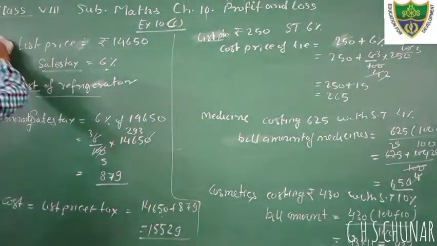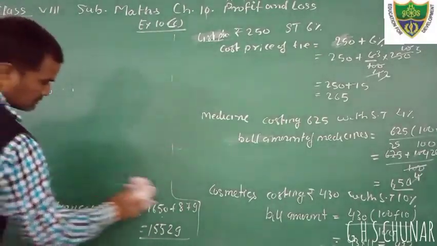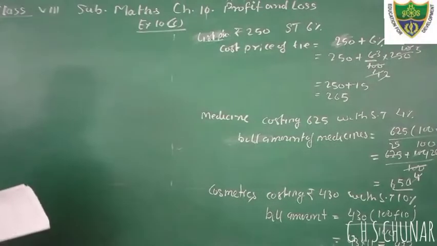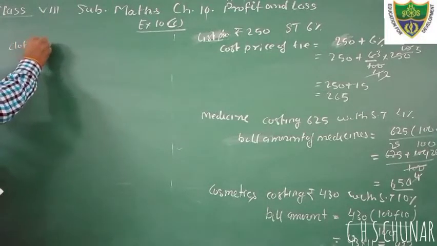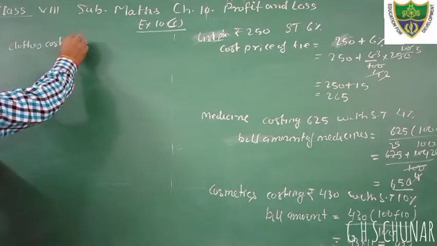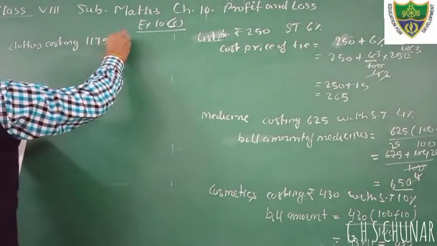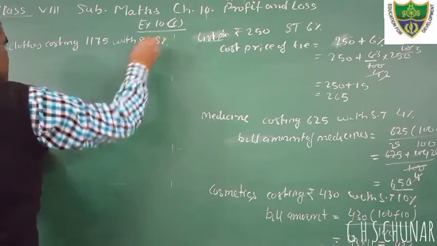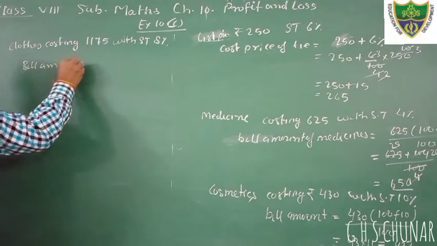Again, cloth costing 1175 with ST 8%. Now what is the bill amount?